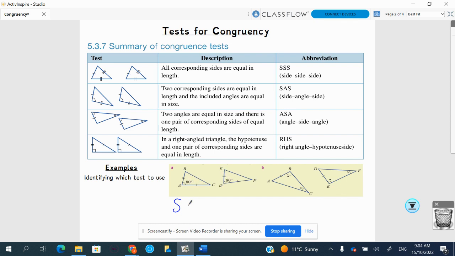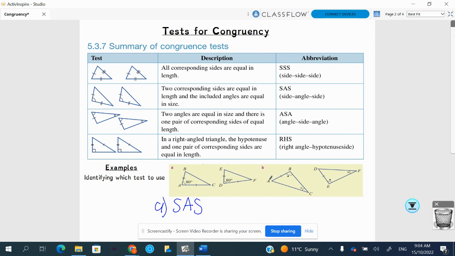Both of them are 80 degrees, so I can use angle. And then AC, indicated by this one dash, is equal to DF, which also has one dash, so this side is equal. So for this first one, A, we can use side angle side to prove congruency.